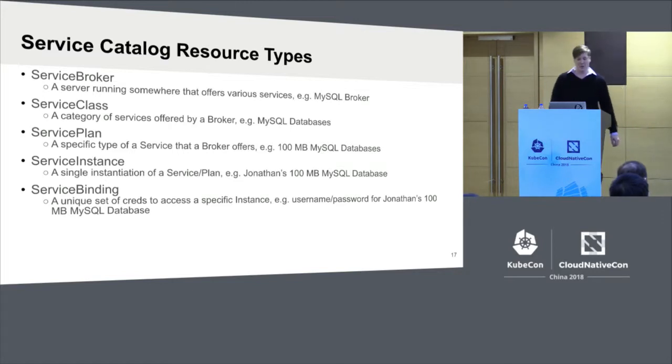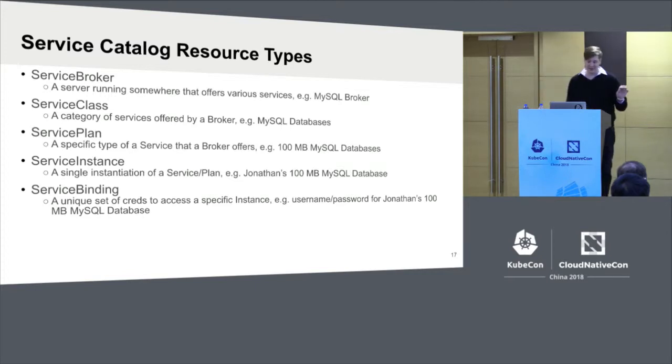Each class can have one or more plans, which is a quality of service level of that class. For instance, in this MySQL database class, we could have multiple plans, which could be database sizes. So you could get a 10 megabyte, 100 megabyte, or 1 gig database out of that class.